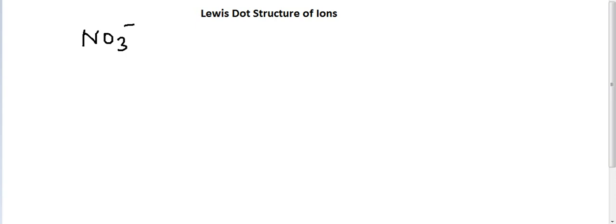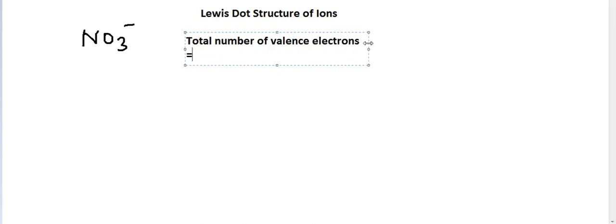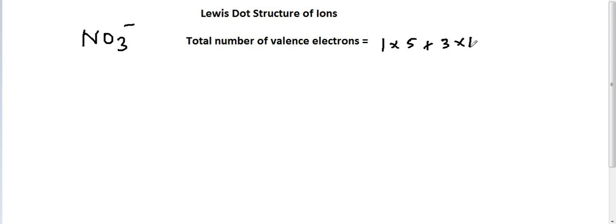Step 1 is to calculate the total number of valence electrons. So we have 1 nitrogen, so 1 into 5, plus 3 into 6. So the total number of valence electrons is 23 electrons.